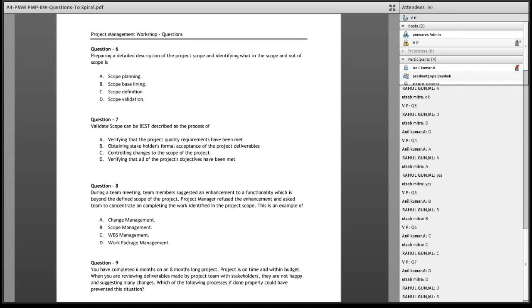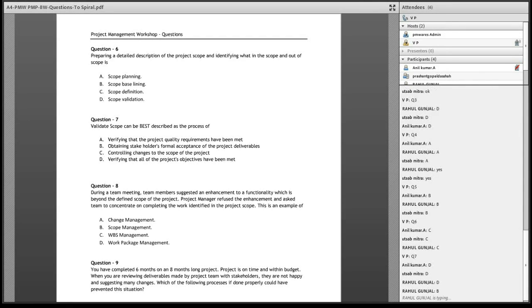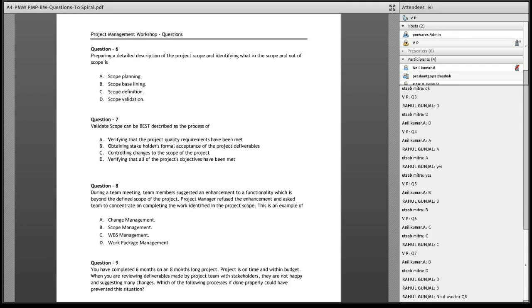Okay. Validate scope can be best described as the process of... we're talking about two things, right? One is B and one is D. Obtaining stakeholders' formal acceptance of the project deliverable. Second thing, verifying that all the project's objectives have been met.